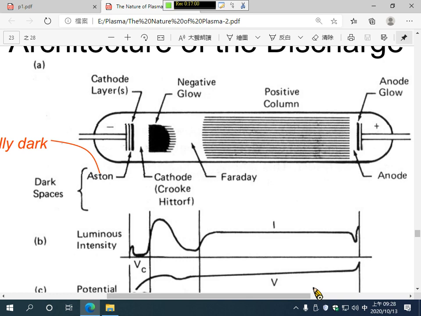After the electrons travel across the Faraday dark space, they become thermalized.